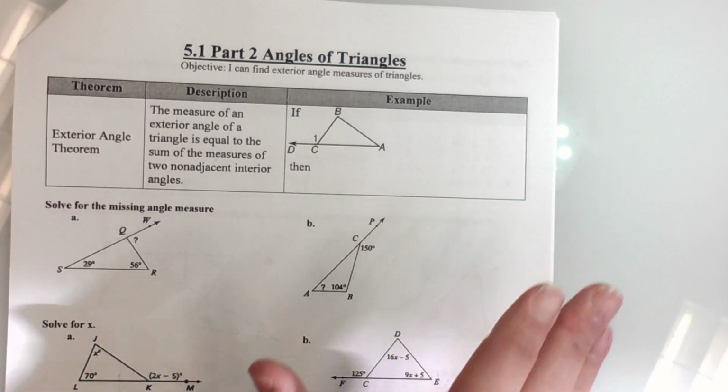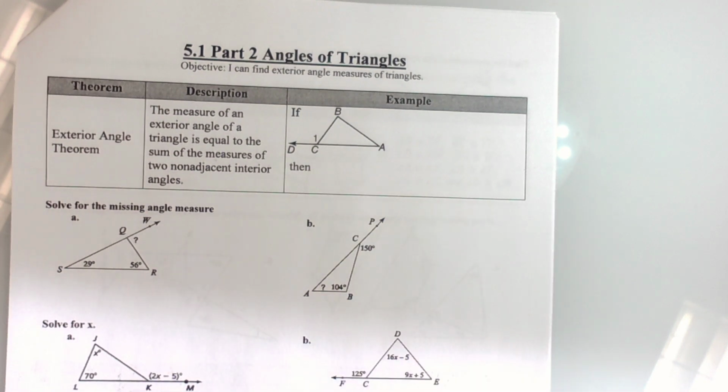That's a pumpkin. So, today we are on page 5 of our notes packet. We're continuing forward with section 5.1. 5.1 introduced us to the triangle angle sum theorem, which says the interior angles of a triangle add up to 180. Today we're going to introduce the exterior angle theorem as well.